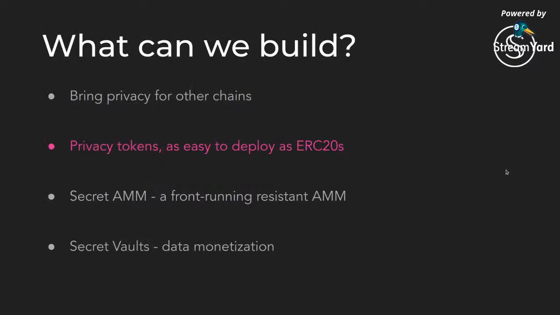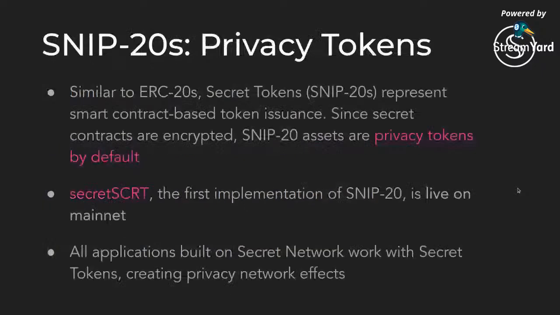Another thing we touched is privacy tokens. We have a standard called SNIP20, which is very similar to ERC20s, but with privacy. SNIP20 tokens are tokens that are private by default, because, as we said, the inputs are private, the outputs are private, and the state is private. So we achieve transactional privacy by default.